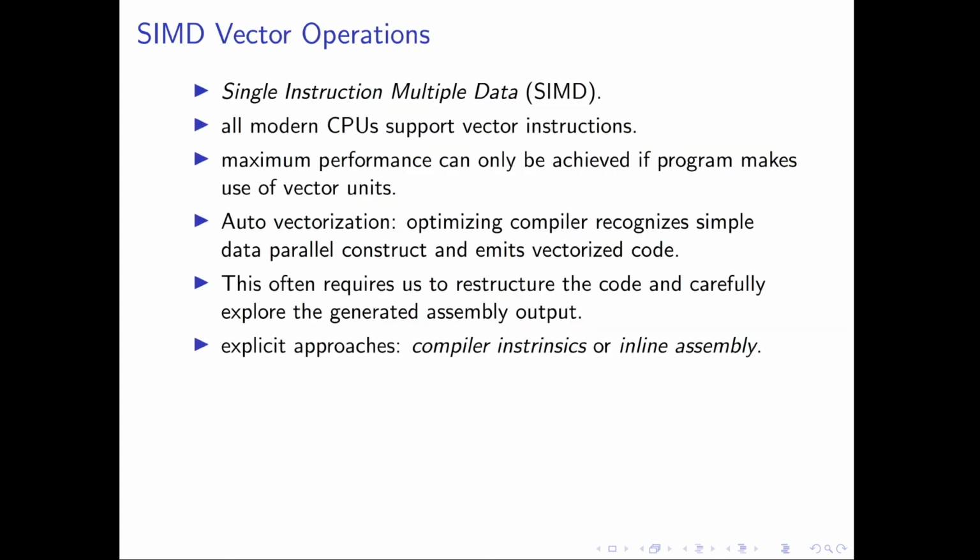And literally all modern CPUs support vector instructions. When you're a programmer and you want to make optimal use of your CPU, you have to take care of vectorization to some extent. There are several techniques that we will discuss that help you to make use of vector registers and of vectorization.